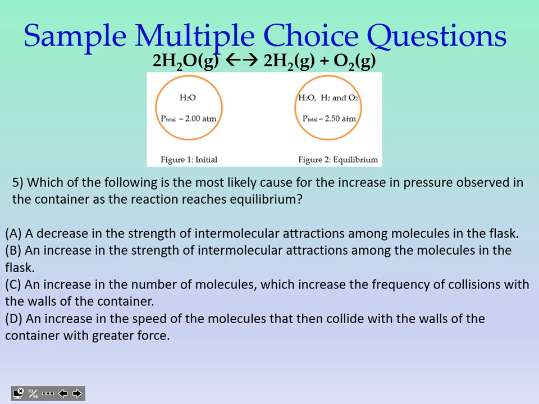So that's the not obvious wrong answer that you have to really think about. So yeah, an increase in the number of molecules because you created some H2 and O2. And so you have a little bit more extra molecules in there than you did beforehand. That's going to, of course, cause more collisions, and C would be the correct answer.